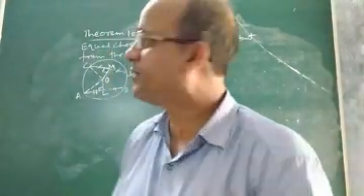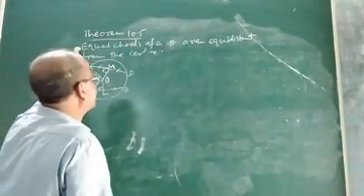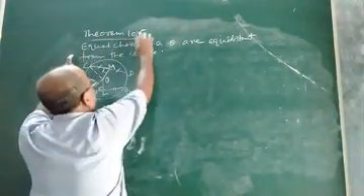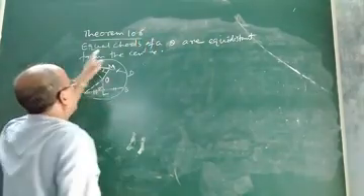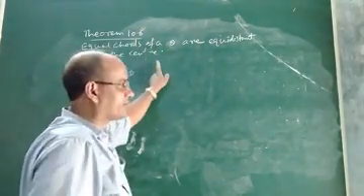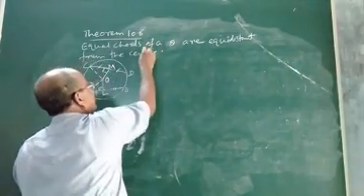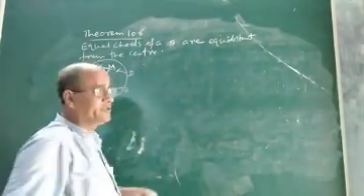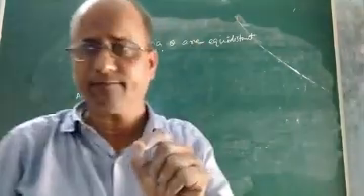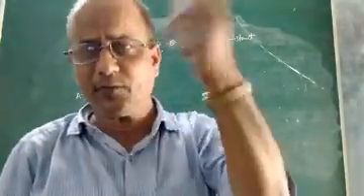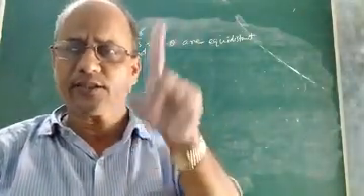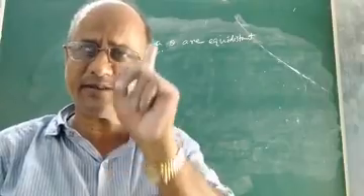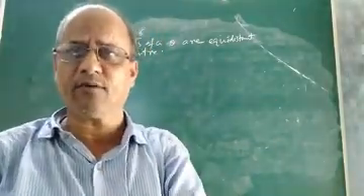It says that equal chords of a circle are equidistant from the center. That means in a circle, if you take any two equal chords, their distance from the center will always be the same or equal.